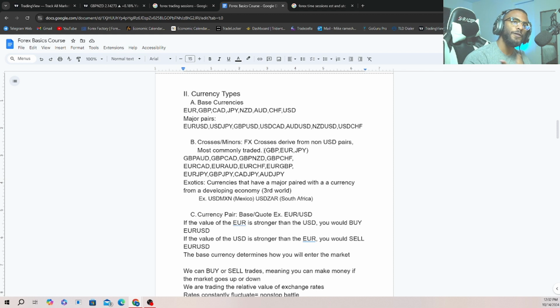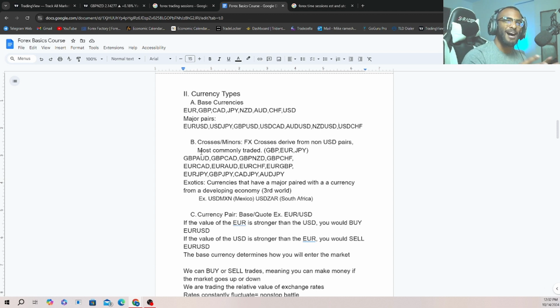Now, the Forex crosses and minors are pretty much the same thing. We're just going to call them minors for this sake. So with the minors, you're going to notice that the most commonly traded Forex minors are the Great Britain pound, euro, Japanese yen, okay? And once again, we're combining all the different combinations.